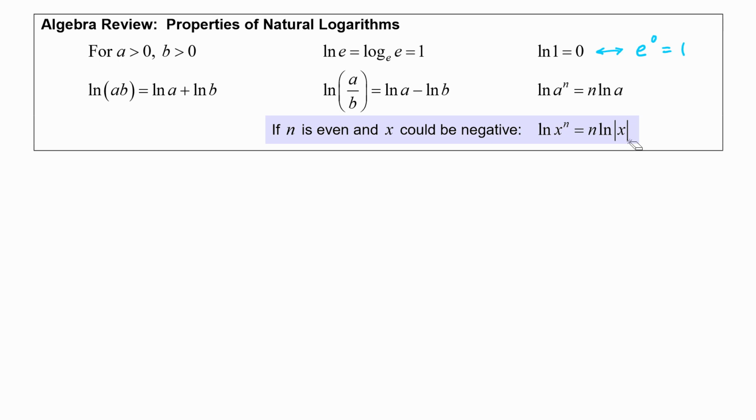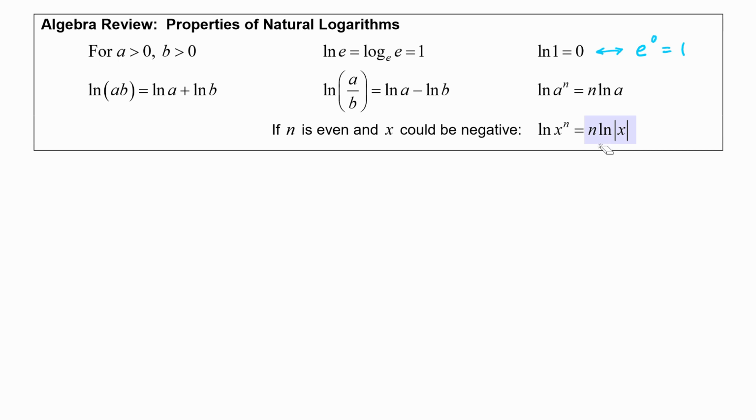Because remember, we need the argument of the natural log to be a positive number. So if it's possible for x to be negative, when it's in this form and we take it to an even power, that would turn it to a positive. However, when we write it in this form, we don't have that exponent here anymore. So if it's possible x could be negative, we have to take its absolute value when it's in the argument of the log.